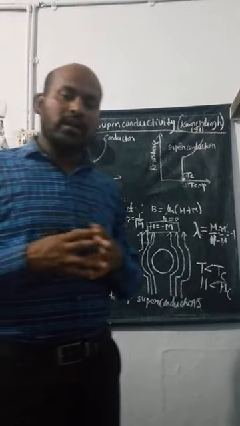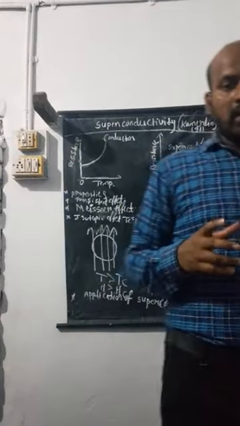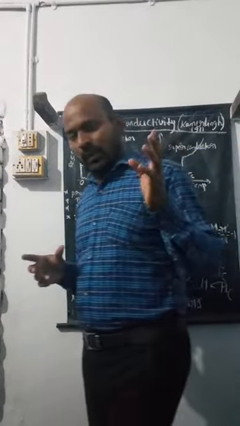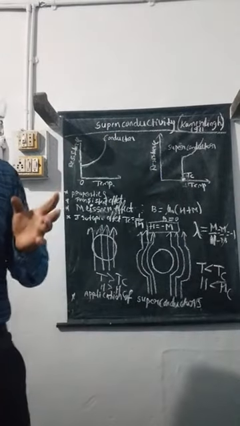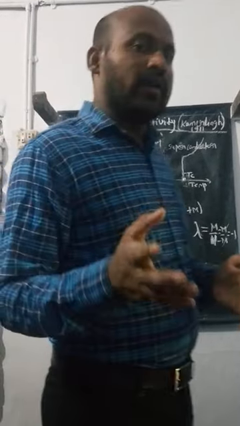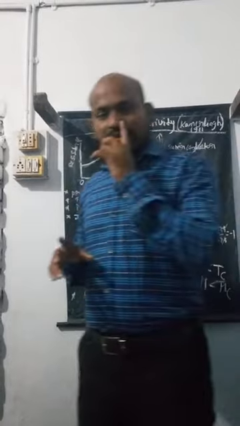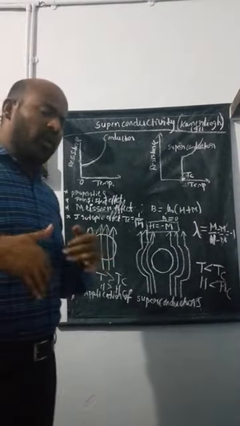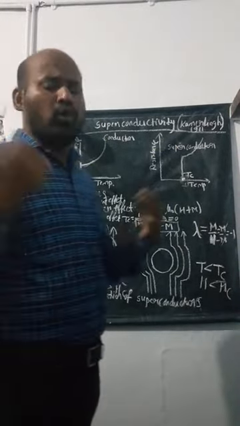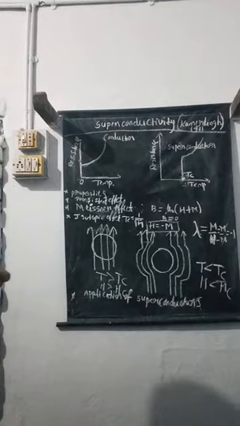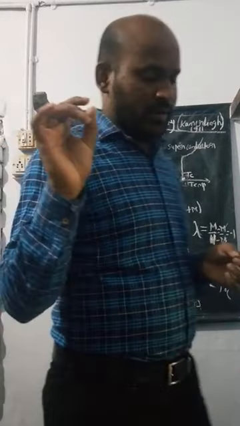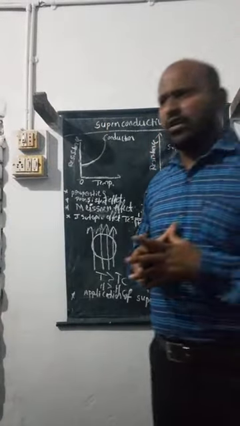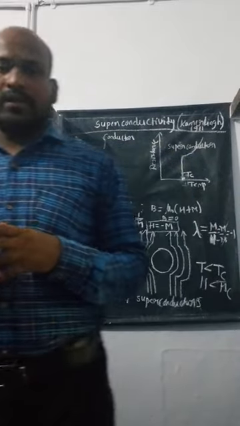The magnetization is positive and high, and susceptibility is high and positive. To know more about these properties, refer to the PUC second year book, the chapter on magnetism and matter.